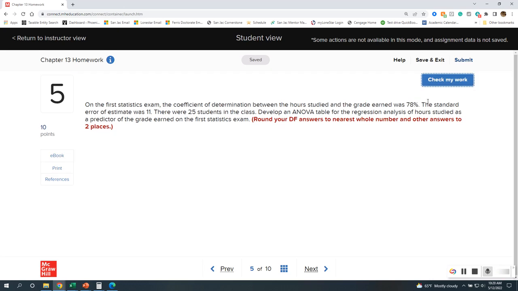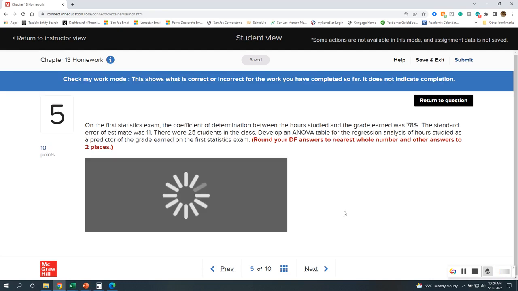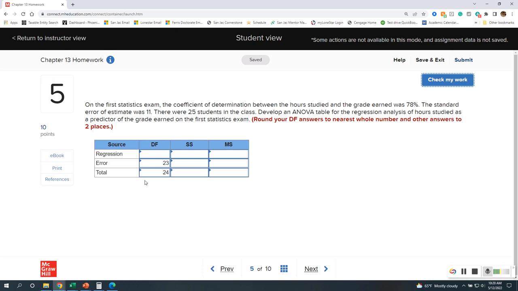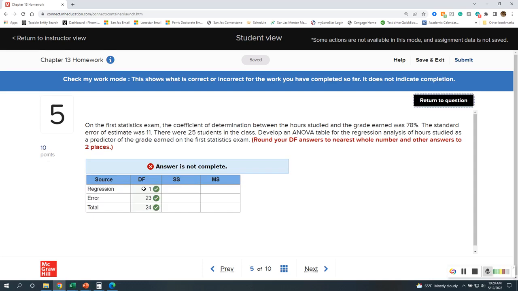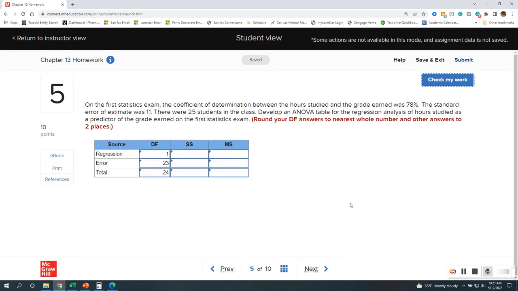And this, I believe, will be 24. Yeah, because the total is always n minus 1 when it comes to degrees of freedom overall. So that will leave my regression with 1. Again, notice how I'm checking my work just to make sure that I'm on the same path.